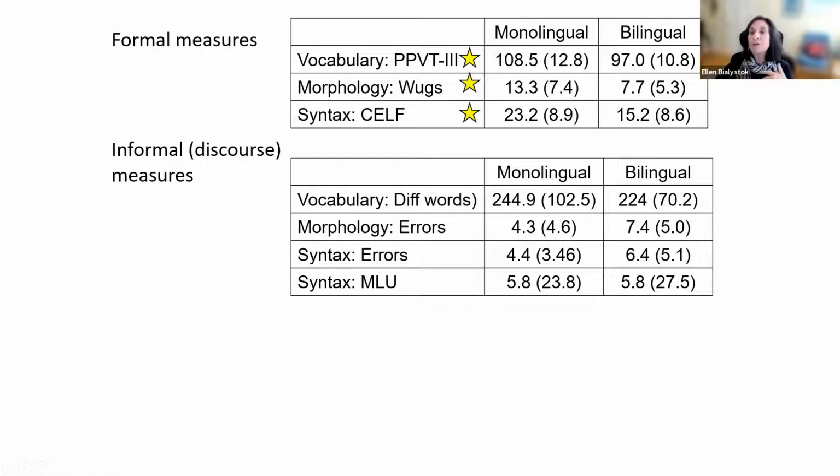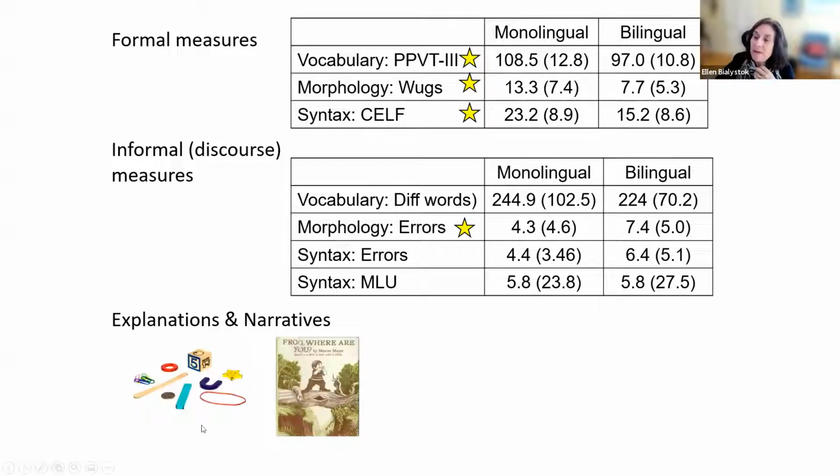And here, in terms of their conversational uses of language, the only real hit for the bilingual kids was they made more morphological errors. These are things like past tense and plurals and stuff. Everything else was fine. They were using language just as well as the monolingual kids. And then we gave them a set of items.